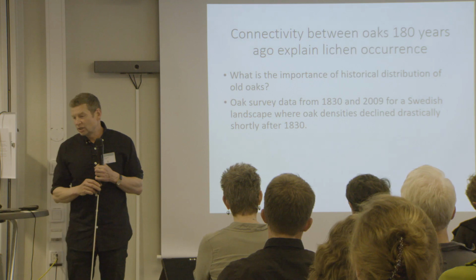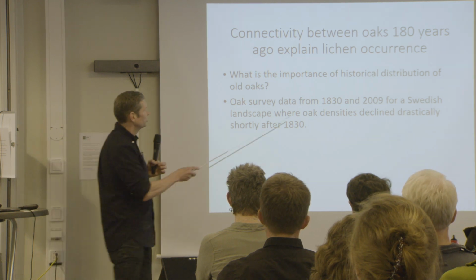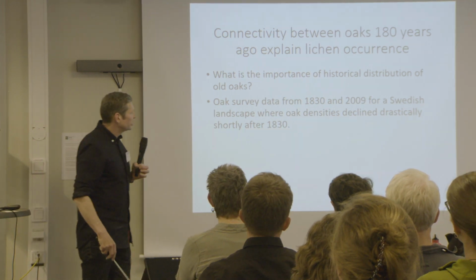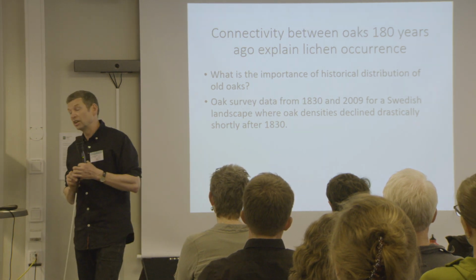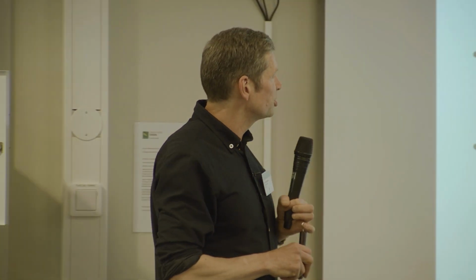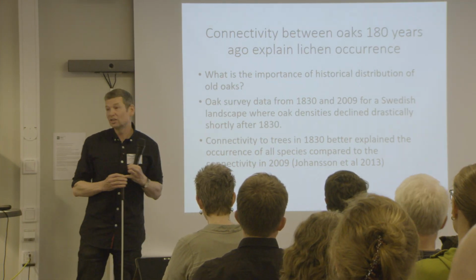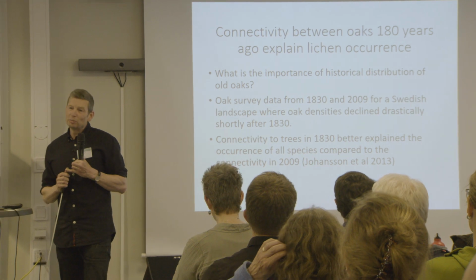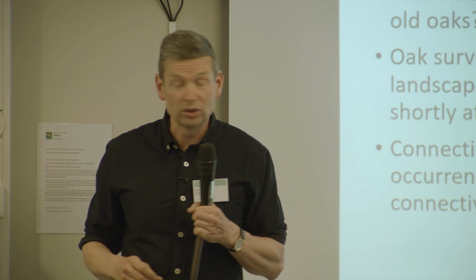So here is a study where they looked upon oak densities in 1830 and 2009, and they selected areas where oak density has declined very drastically. And as I said, connectivity of the trees in 1830 better explained the occurrence of all species of lichens in this study. So going back to old records could be really useful when you work with conservation also then.